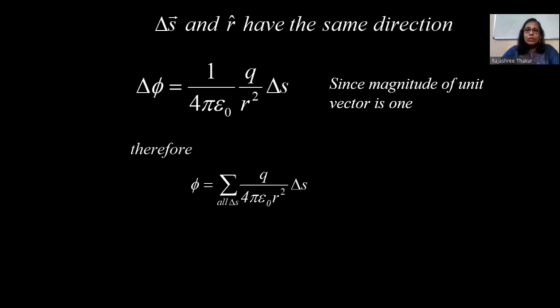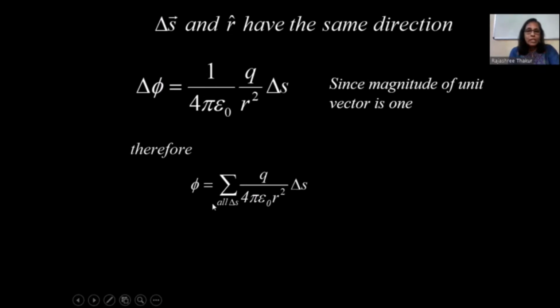Now total flux. If we have considered a small area and found the flux delta phi, so if we want to find the flux through the whole spherical surface, then it will be equal to the sum of Q upon 4 pi epsilon 0 R square into delta S, right?